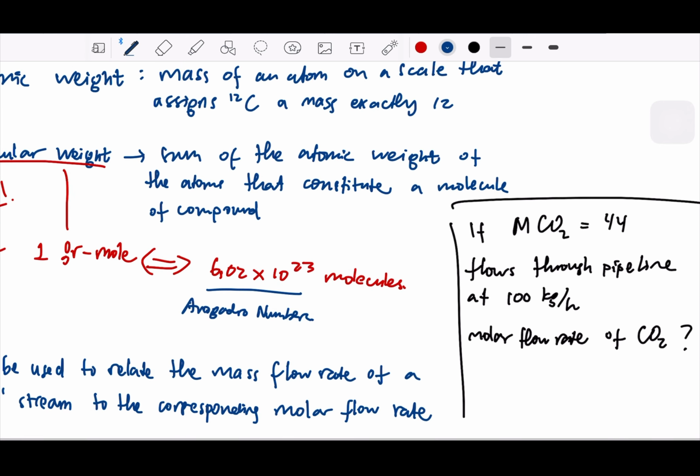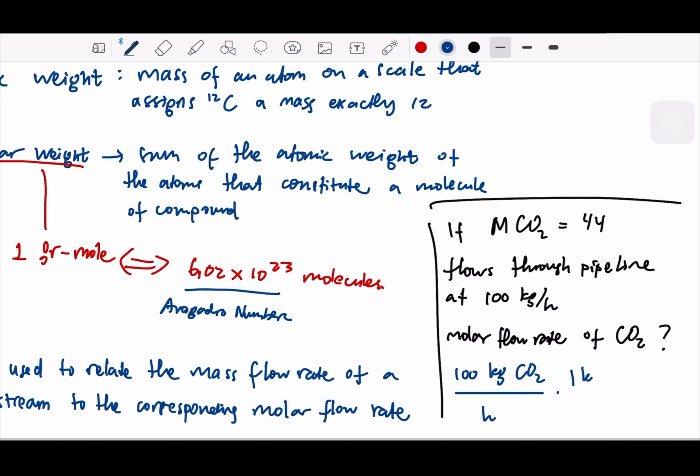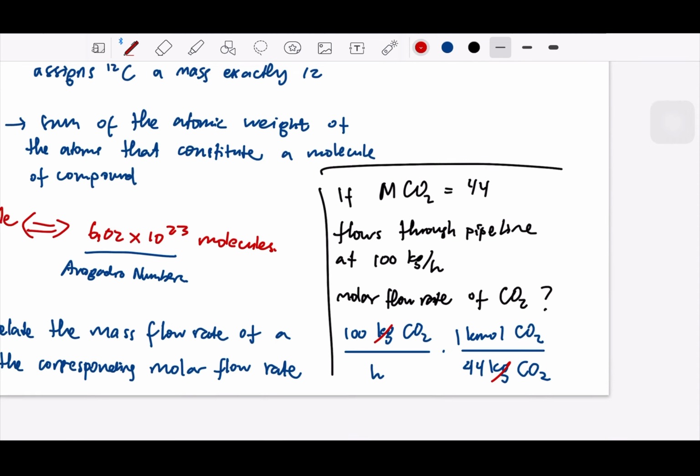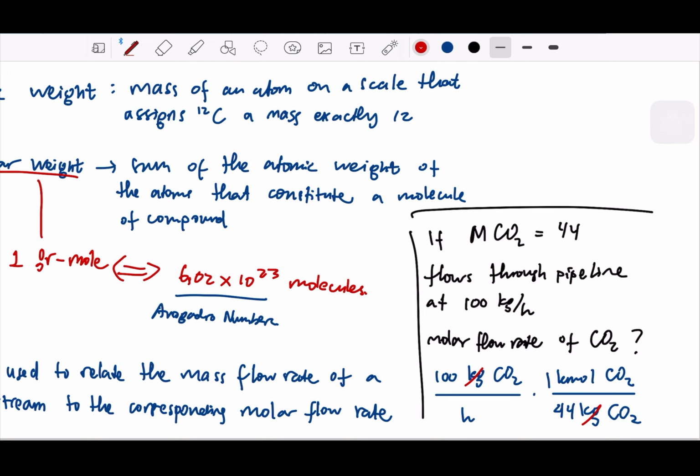This will be 100 kilograms of carbon dioxide per hour, then multiply by 1 kilomole of carbon dioxide divided by the molecular weight, and you see that the units cancel, so we will have 100 divided by 44, that is around 2.27 kilomoles per hour of carbon dioxide.